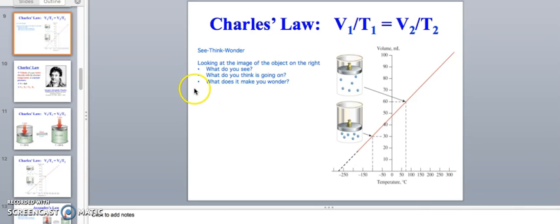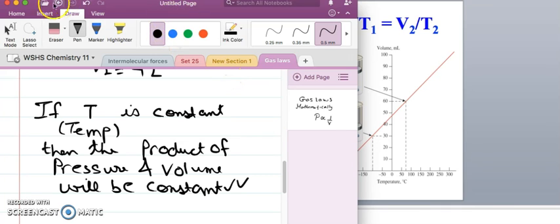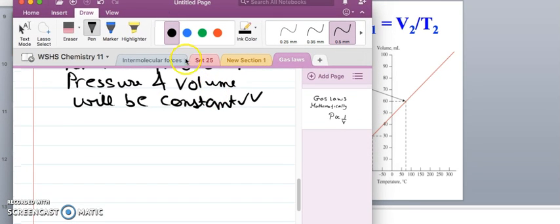So now what I'm going to do is, in OneNote, derive the formula, show you how we came to the formula that we are using. So let's just quickly derive it. So Charles' law. Mr. Charles.